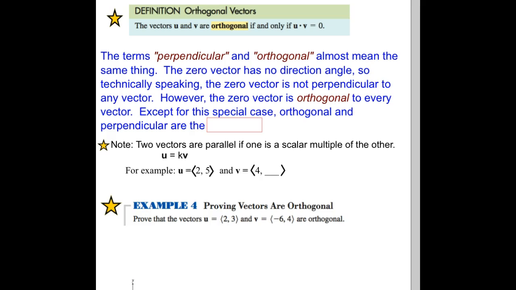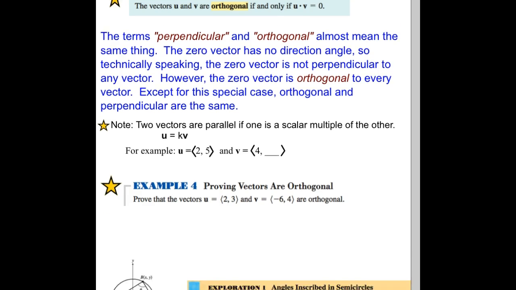So the 0 vector is orthogonal to every vector, but it's not perpendicular to any. That's why we're using the term orthogonal versus perpendicular. But for every other case, they're the same. So when you see orthogonal, think perpendicular. We're not going to make that big distinction.